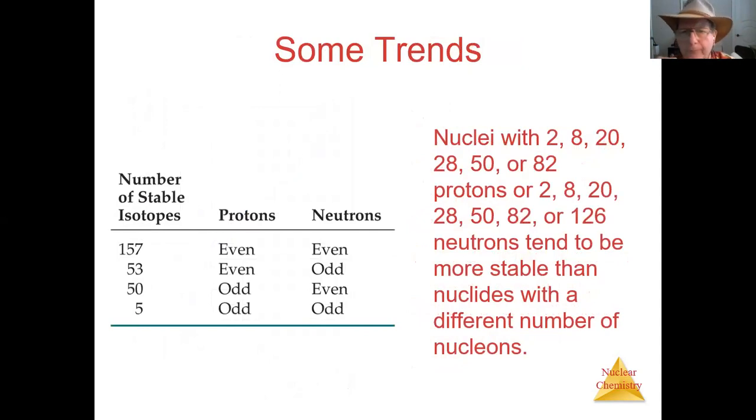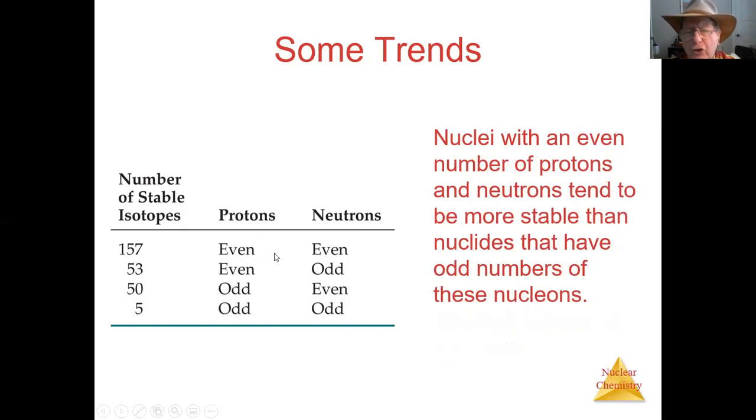Some trends. Nuclei with 2, 8, 20, 28, 50, 82 protons, or 2, 8, 20, 28, 50, 82, or 126 neutrons tend to be more stable than nuclei with a different number. Don't write this down. The chart is what you need to see.